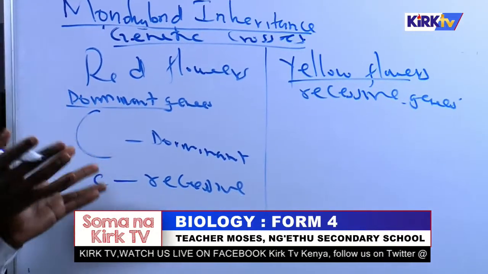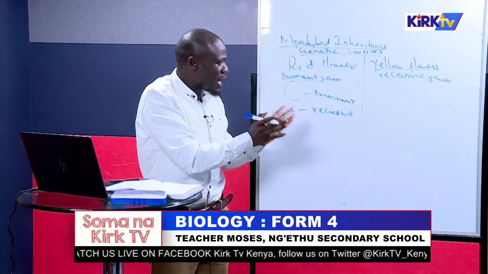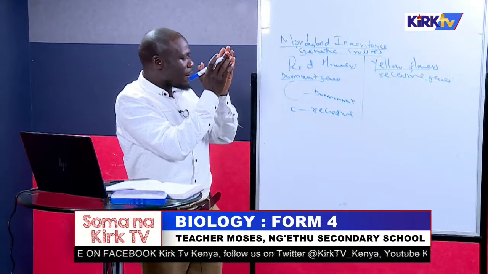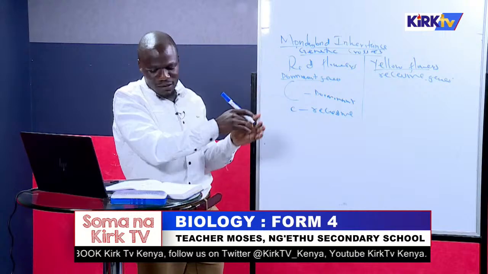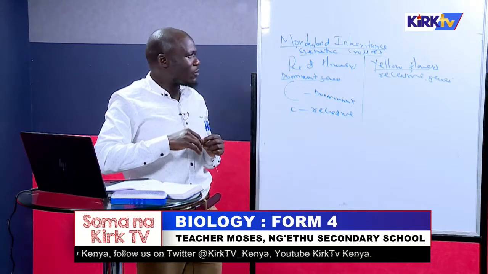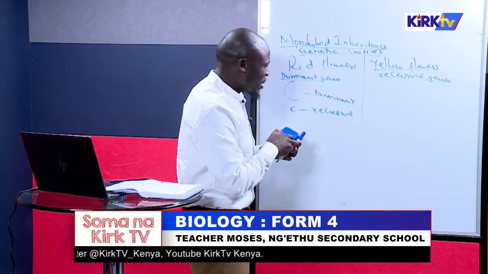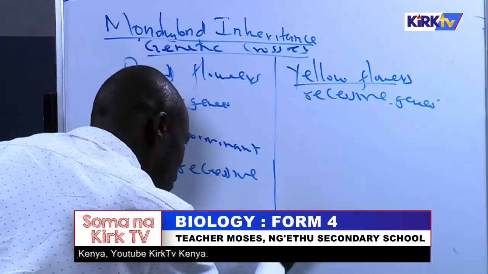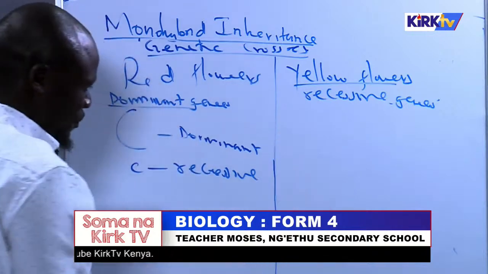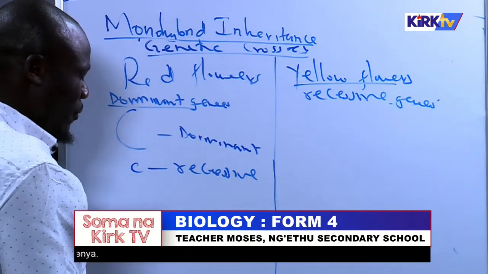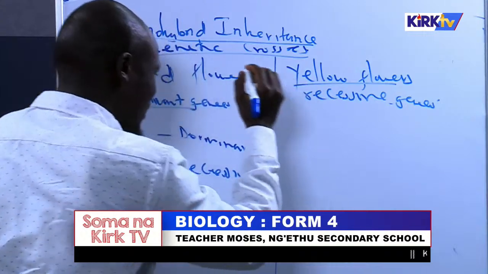So let's pick it from here. How do we go about it? Now we know the one that is dominant and the one that is recessive. So let us now go directly to the genetic crosses. So I will start by this.